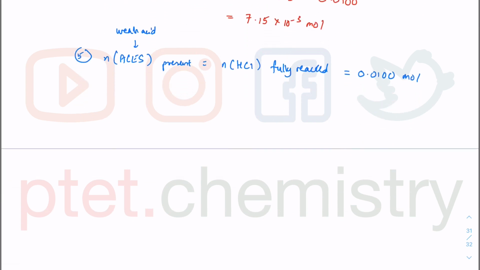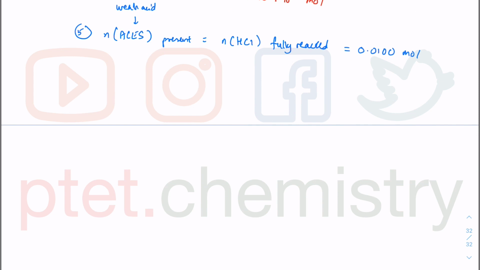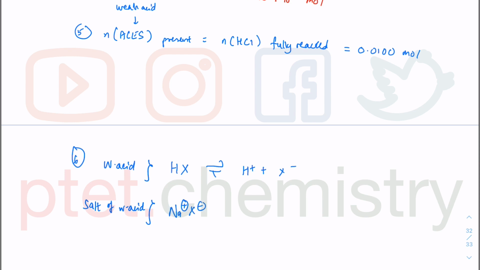So what we have in the next part is our buffer equation. We have our weak acid, which I can label HX. So this is your excess, which gives you H plus and the X minus conjugate base. You also have the salt of the weak acid, which is Na plus and X minus.